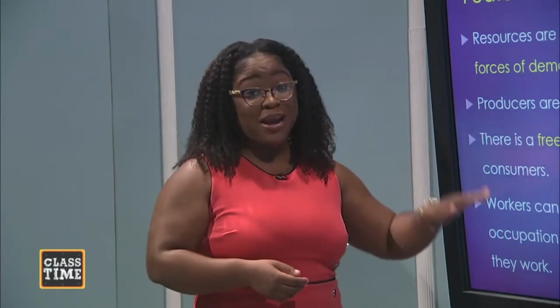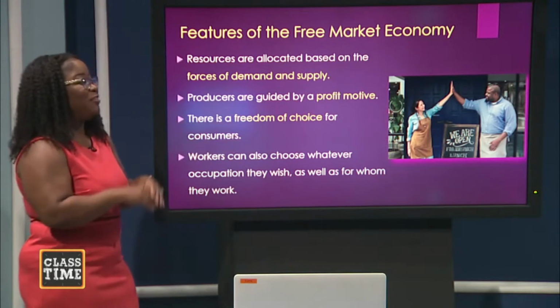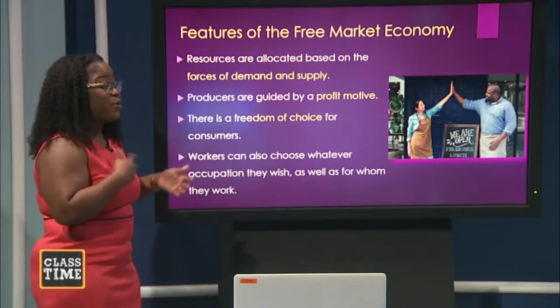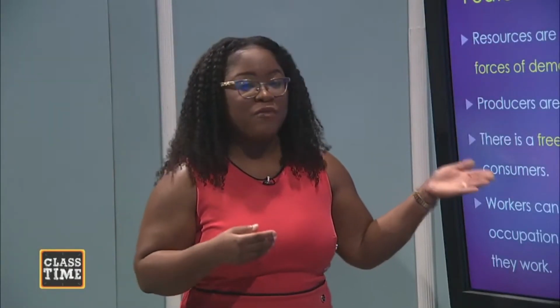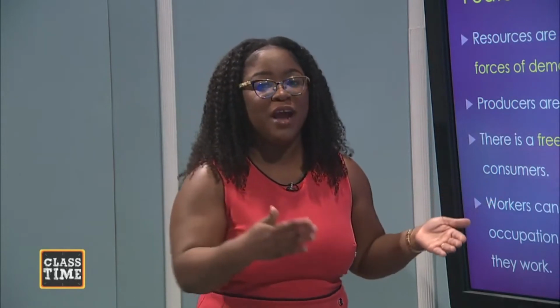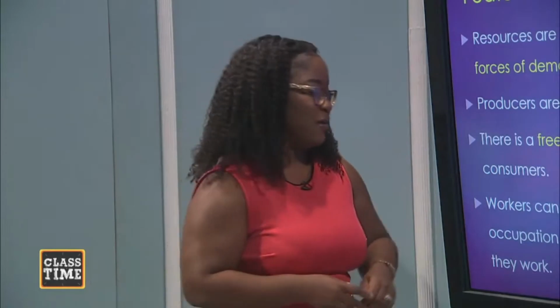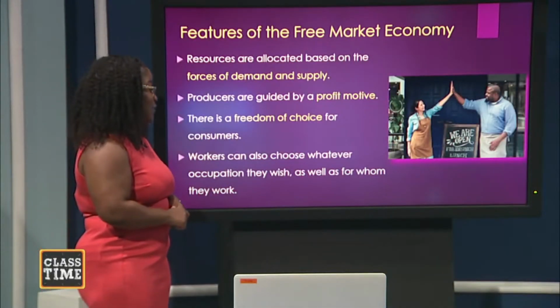But in the free market economy, we have a freedom of choice for consumers. We have all the things we want and need, because private individuals are engaged in the production and supplying of goods and services, and they're providing to consumers what they are demanding. So we have greater satisfaction within the free market economy. Workers can also choose whatever occupation they wish, as well as for whom they work.